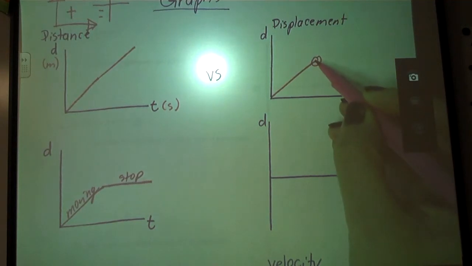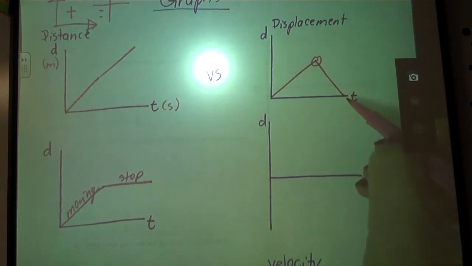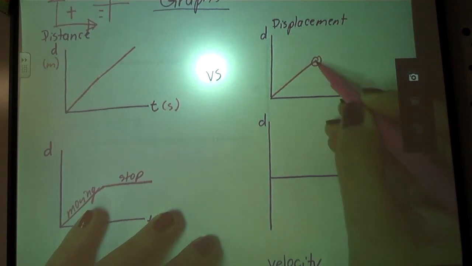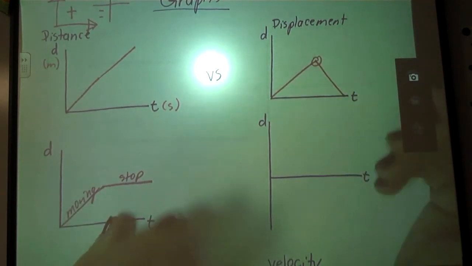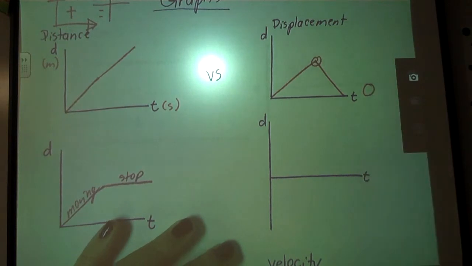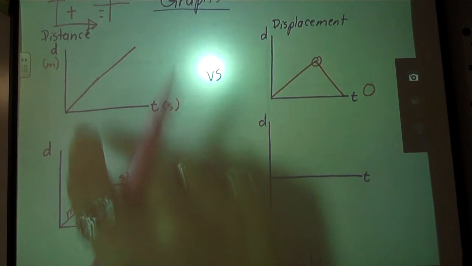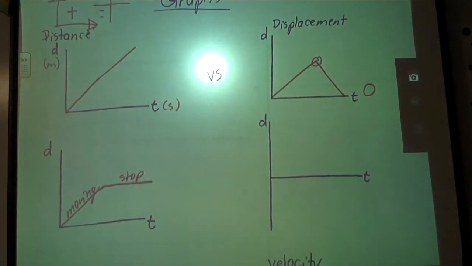So my displacement decreased because I'm heading back towards my starting point. According to this graph here, my total displacement is 0 because my person, my car, my thing is back at their starting point. So again, displacement: how far are you from whence you began? Distance is just how far did you go. I don't care what direction, just how far did you go? How many miles did you travel? How many steps did you take?